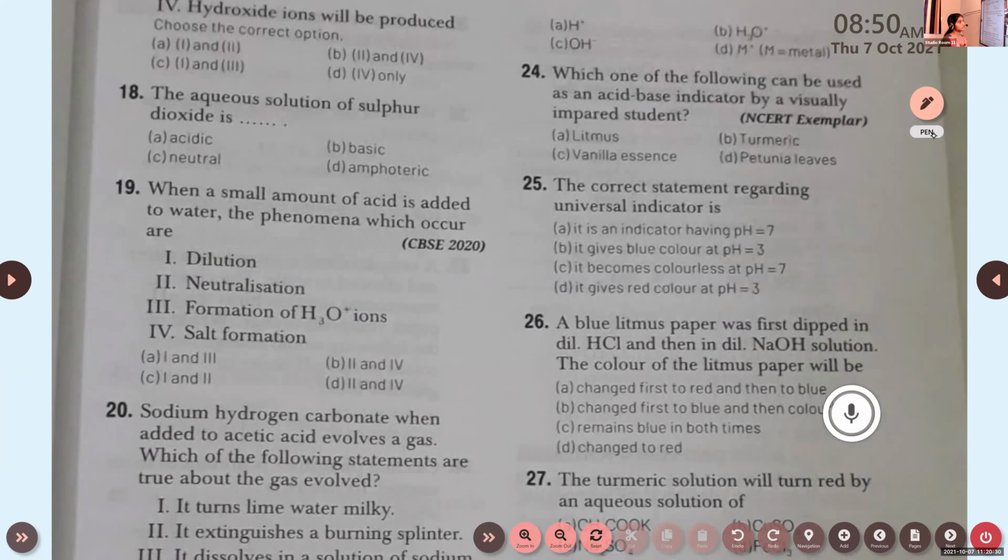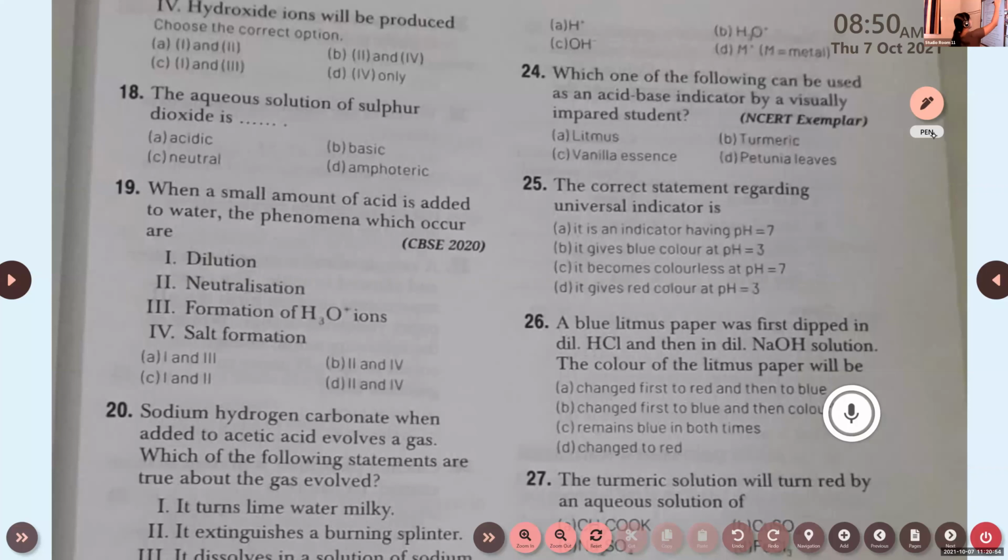We have learned about metallic oxides and non-metallic oxides and their nature also, right? So here, sulfur dioxide belongs to which category? Metallic oxide or non-metallic oxide? Non-metallic. Yeah, very good.